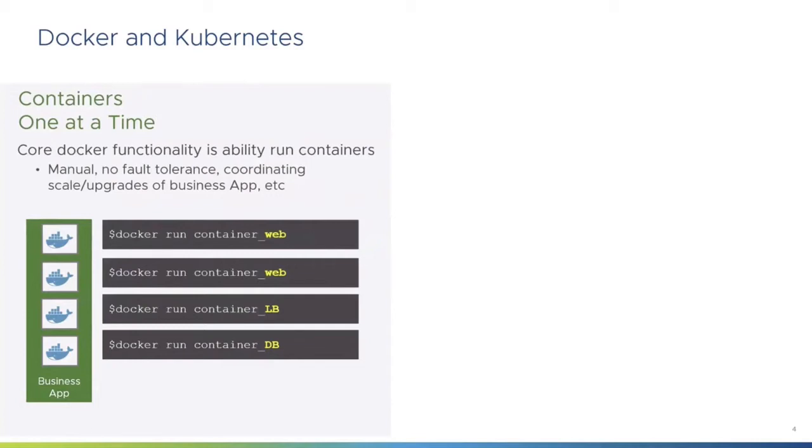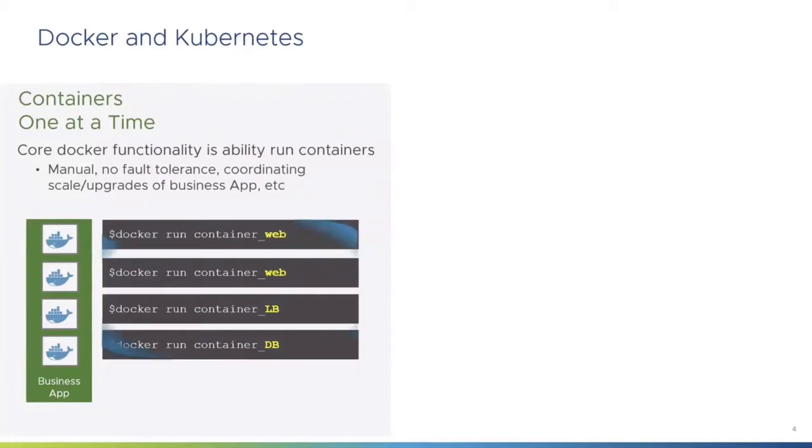In this case, I'm showing there's a Docker run a web server. Maybe I have two of those. There's a load balancer that sits in front of them. Maybe there's an app or a database tier. And just core Docker container functionality requires you to go in and issue this Docker run command to stand this thing up. What it doesn't do is manage the fault tolerance. It doesn't manage the upgrade of the business app per se.